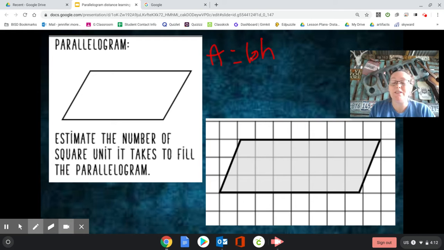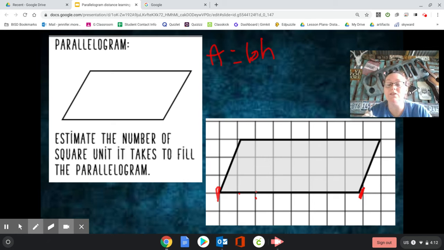So what I need to know is my base here. I know a lot of people have been having trouble with counting the spaces, and I noticed that with the area of rectangles activity this week. When we're counting, we have to count the distance from here to here. How many spaces are in there? A lot of people are starting here and counting 1, 2, 3, counting where all the lines are.